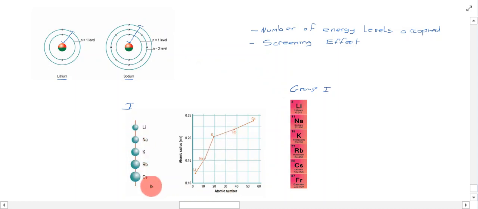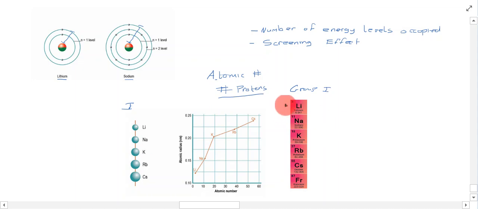And what we can see on this trend is also shown with the atomic number. Remember, the atomic number is the number of protons present within the nucleus of the atom.